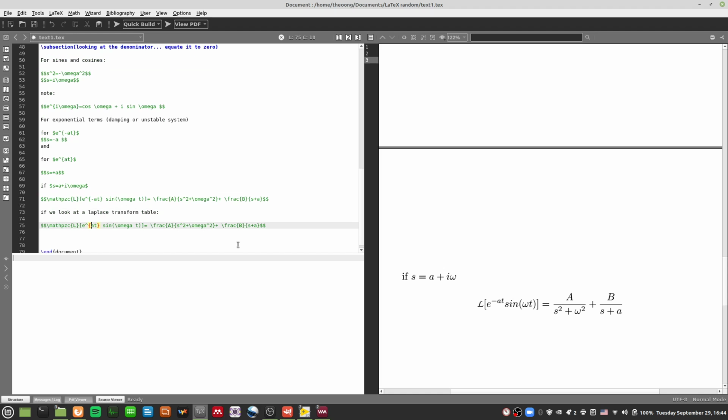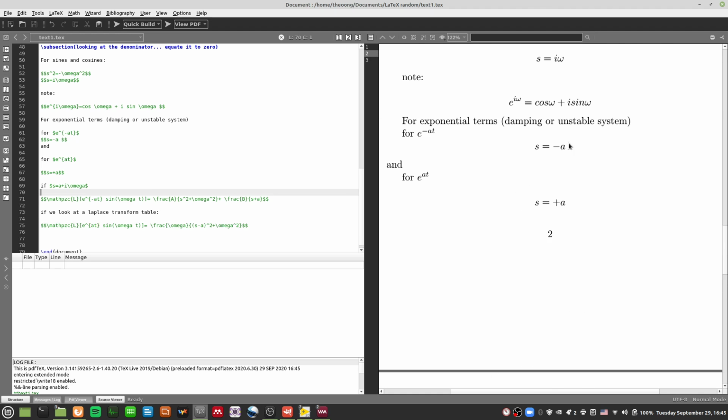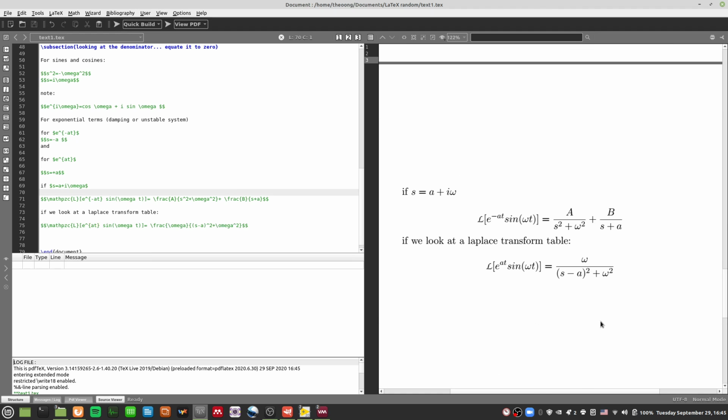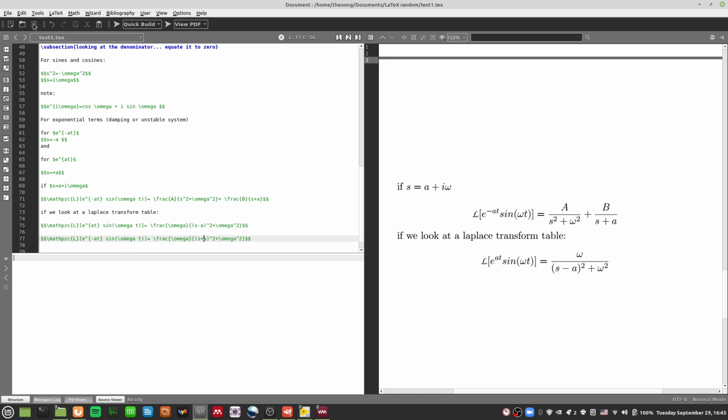This is from the website. I'm going to speed up the typing, of course. So looking at the patterns here, we could guess the Laplace transform, and if you look at the actual Laplace transform table, we will have something of this form. Of course, if we replace it by s plus a, for example, you would have something of this form.